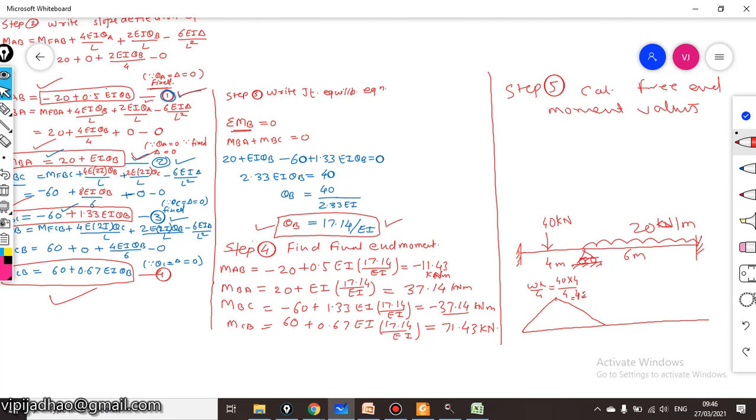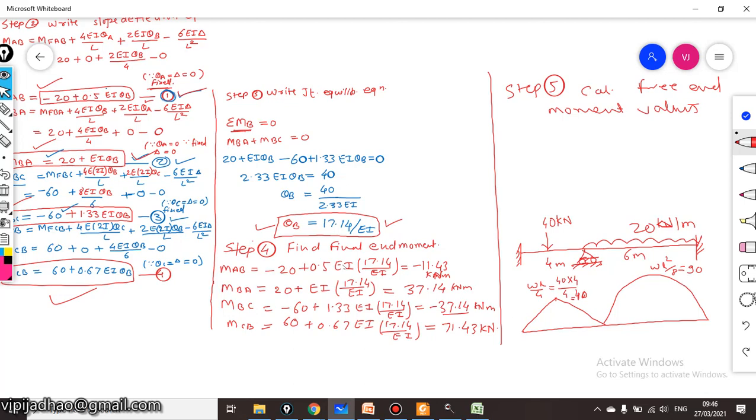And for the distributed load, the free end moment value will be WL square upon 8, so this will be equal to 90 kilonewton meter. These are the free end bending moments.